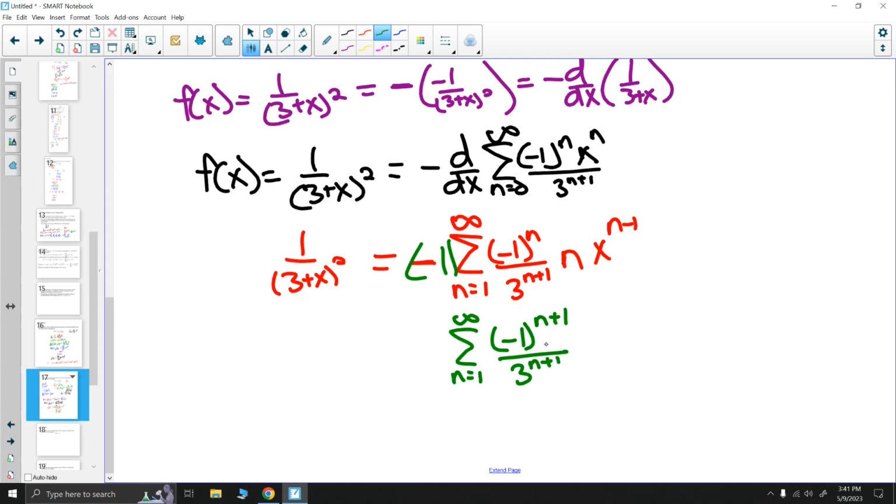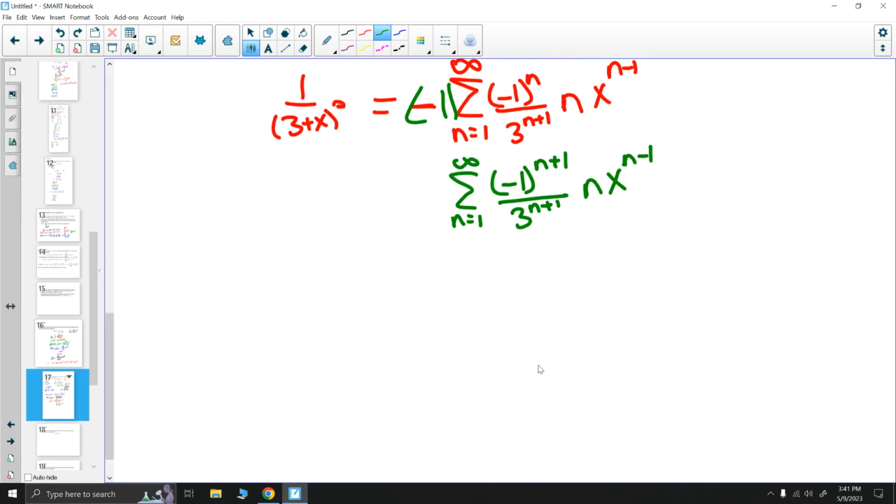Now, because our constants are both to the same power, I'm going to write those together just to make it a little bit nicer. So we'll take the sum n equals 1 to infinity of negative 1 over 3 to the n plus 1, times n x to the n minus 1. That's one way we could write this.